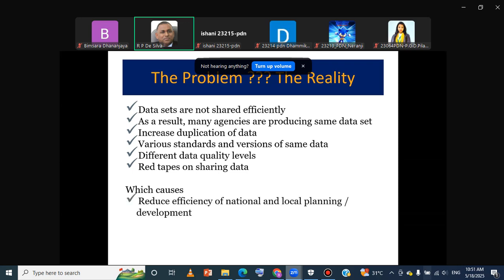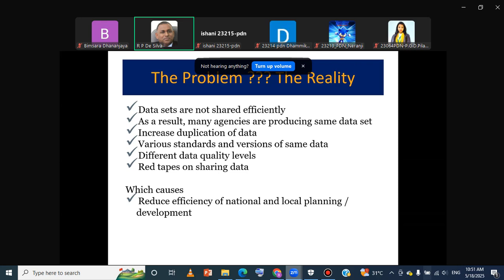So all these things reduce the efficiency of national and local planning and development. So efforts for local planning are affected.